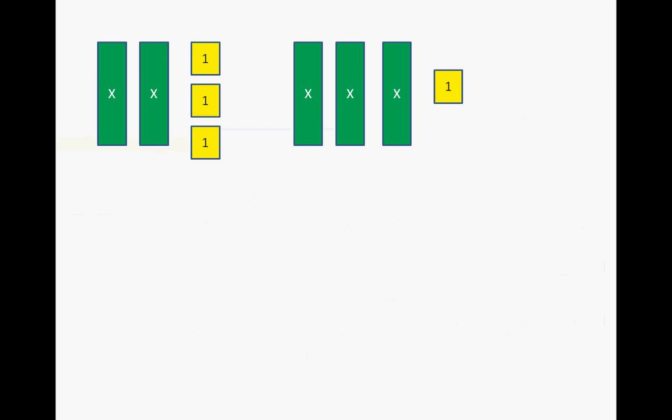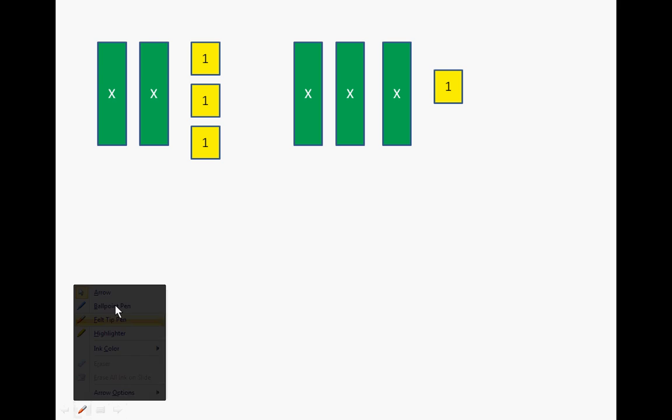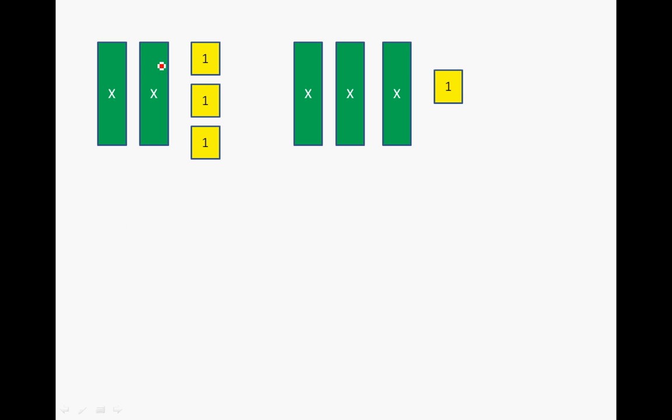So let's say you have 2x and 3 plus 3. So let's take a look at this. Alright, so right here we can write this as 2x plus 3.